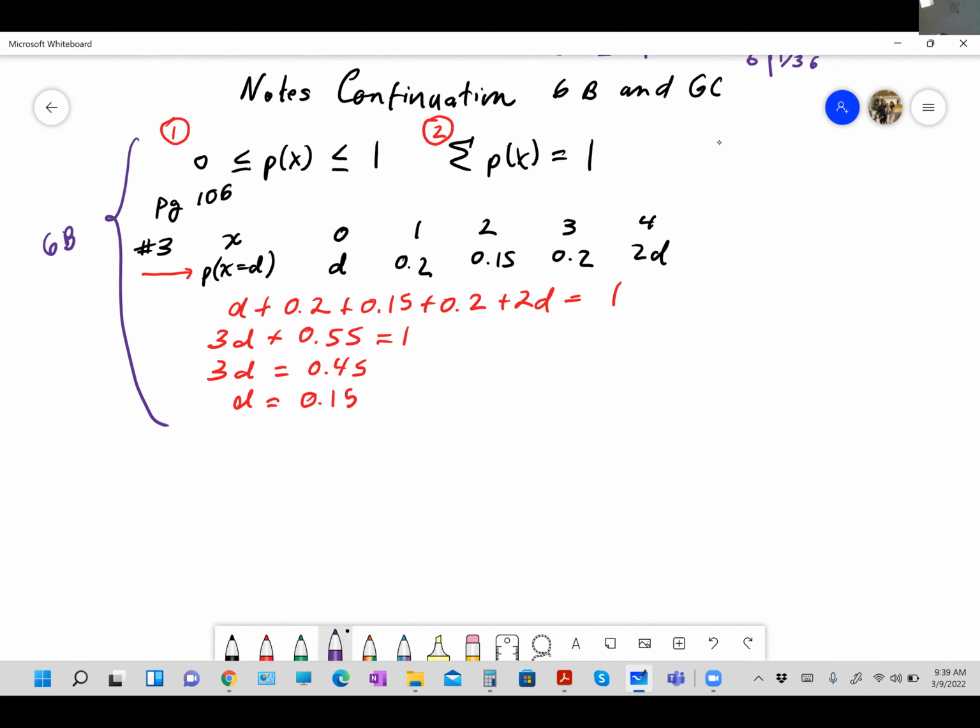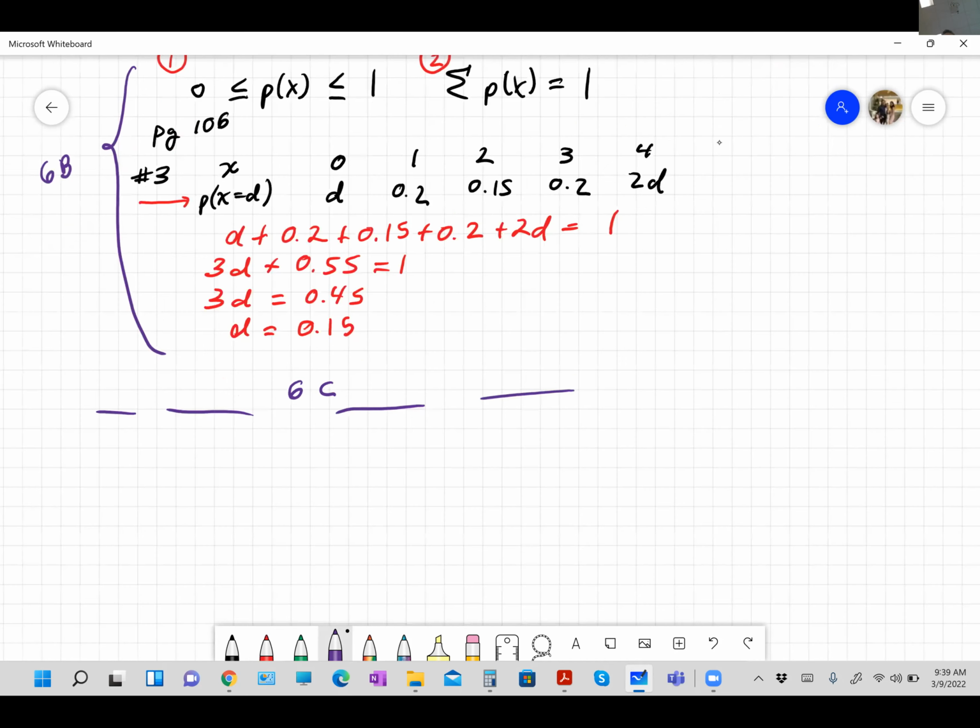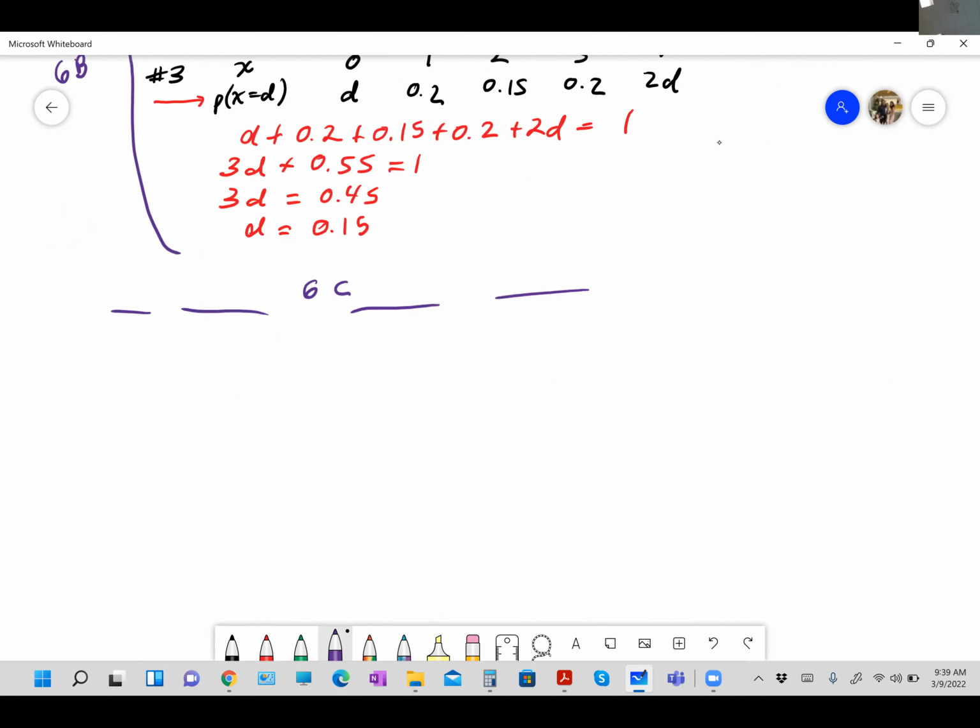I wrote there 6C would start around here. So it says relative frequency equals frequency divided by total frequency, which is approximately the probability. That's their main thing that they're stating there, which makes sense.